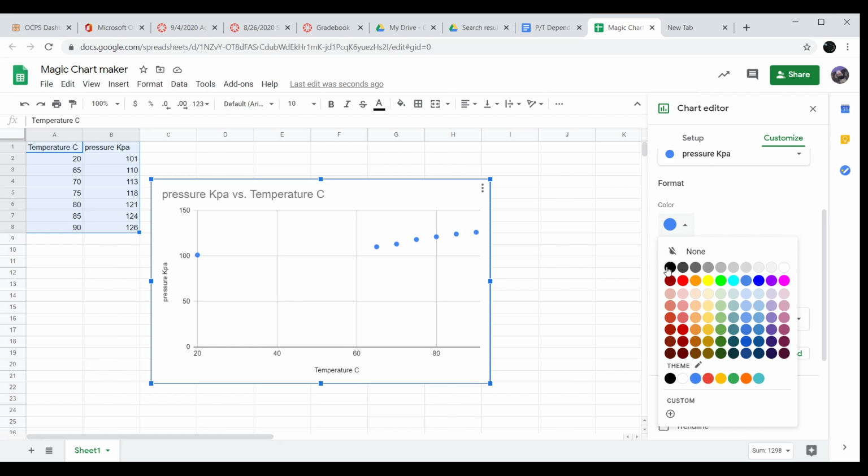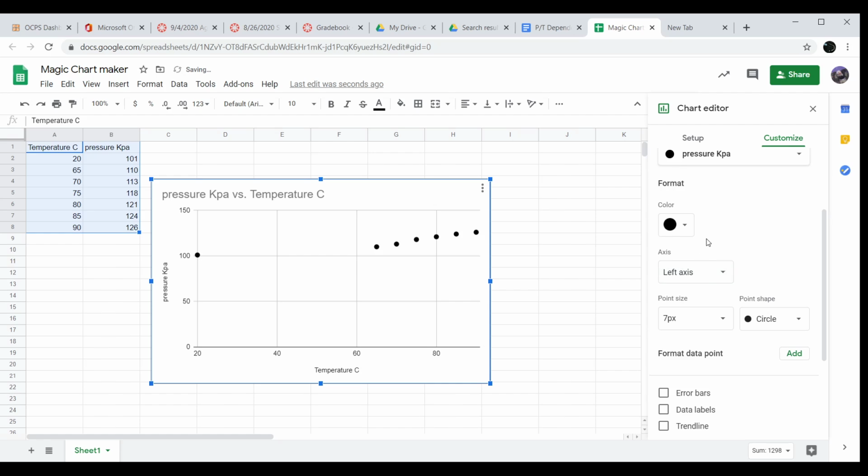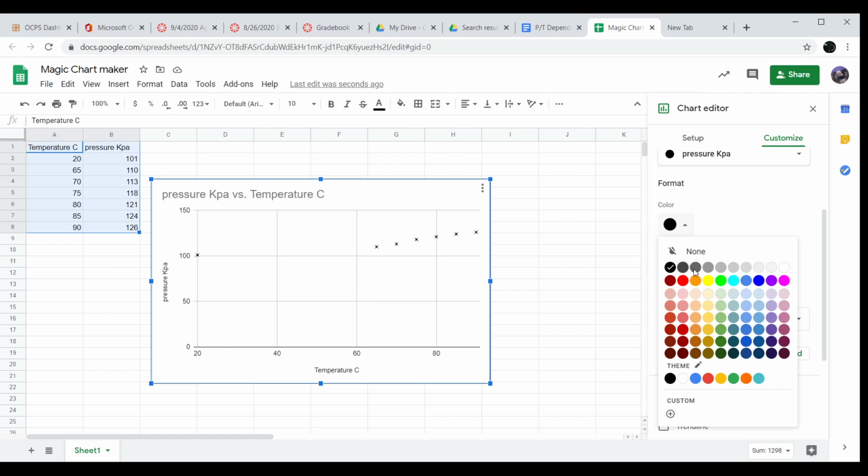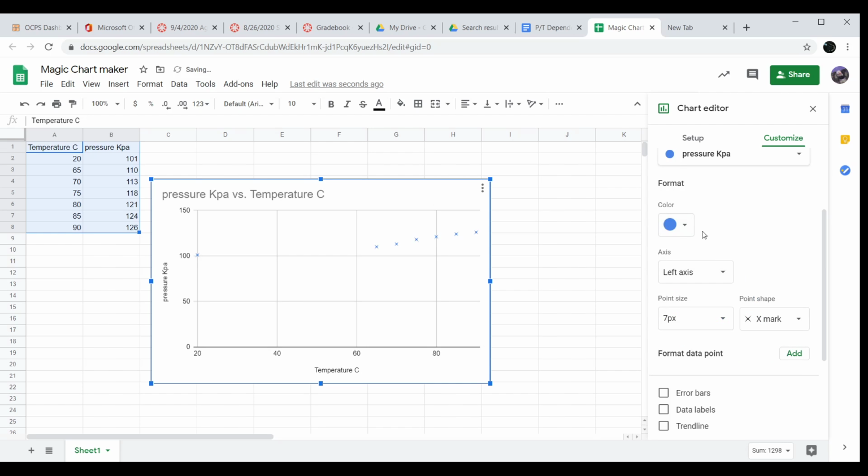Theoretically, if you were doing this all officially, you should be using the color black, and you are also going to use X's. You can use X's or crosses. We don't have any cross mark here, so we're going to use X's officially. That's our official one. Again, when you turn this in as a lab report, I'm all right with you using blue though.